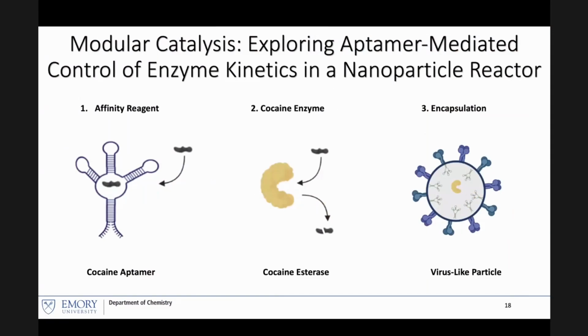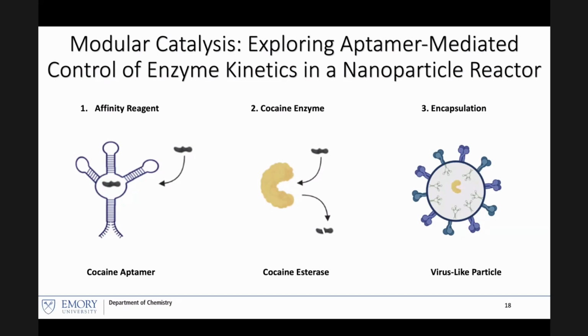And when organophosphates are present, which is typically in your agricultural pesticides, it is inhibited. So what we were trying to do was evolve an acetylcholine binding aptamer and an acetylcholine hydrolyzing DNA enzyme, and then package those together. DNA enzymes have terrible efficiency, which is why we were studying increasing efficiency.